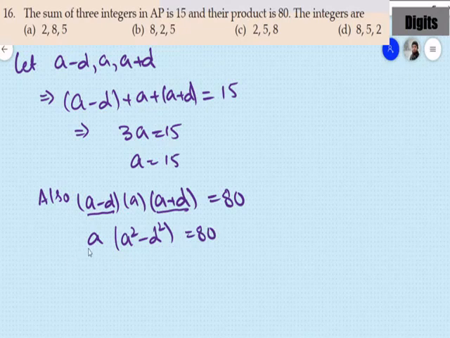Now substituting the value of A, A is 5 here, sorry, because A is equal to 15 by 3, which is 5.